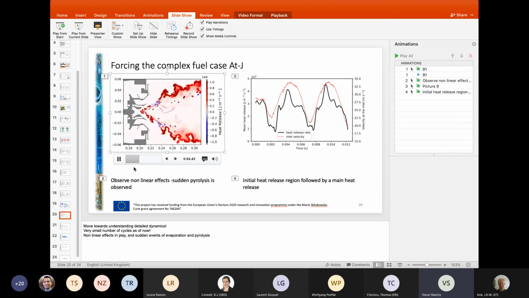This is why we want to move to higher frequencies: these simulations are very heavy, so a higher frequency would give us enough cycles to average and look at what is happening, to find out the difference between different fuel compositions and a single component representation.